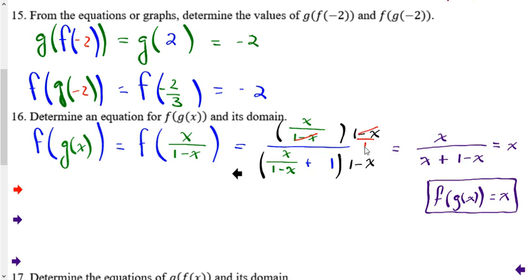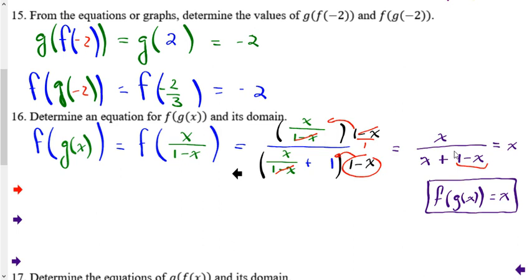Same idea here. When I multiply this into this first term, that's going to cancel out this x minus 1. But it also gets multiplied to this term, and so we still have a 1 minus x when I took this and I multiplied it to this 1. Well, this x and the negative x in the denominator cancel out.